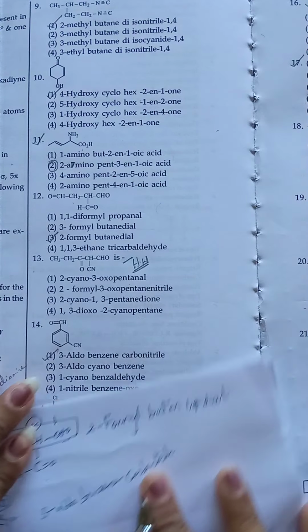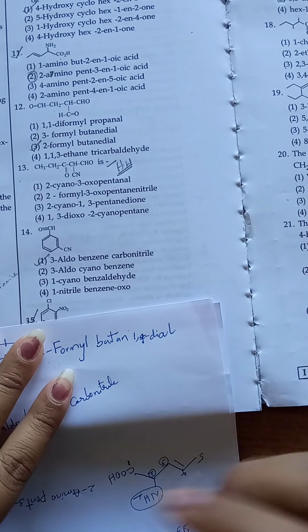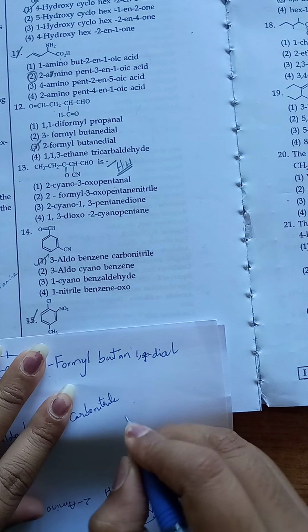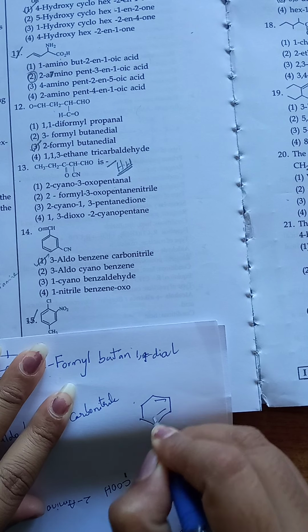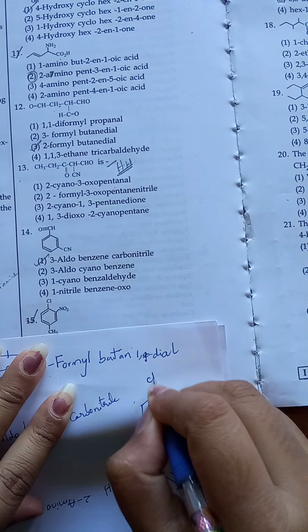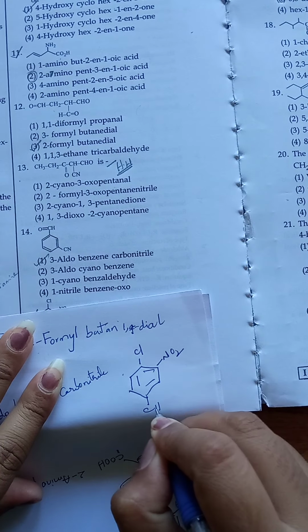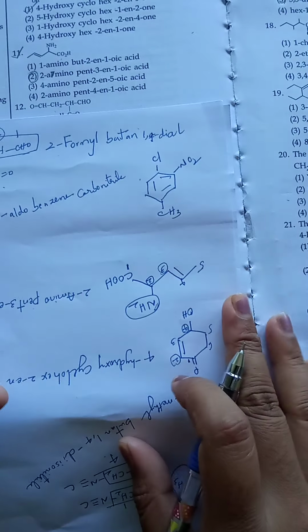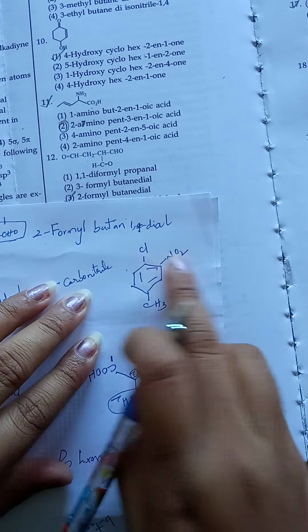First write the structure. I am writing its structure here. Chlorine they have mentioned here, NO2 here, and CH3 here. All three are just substituents. None in the given compound can act as a functional group.